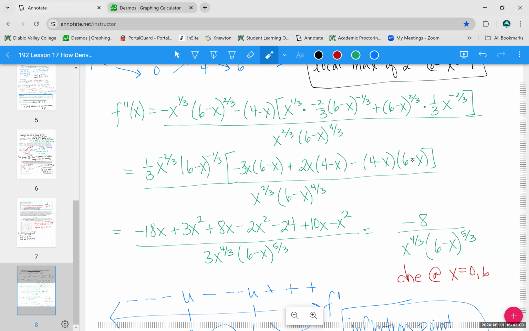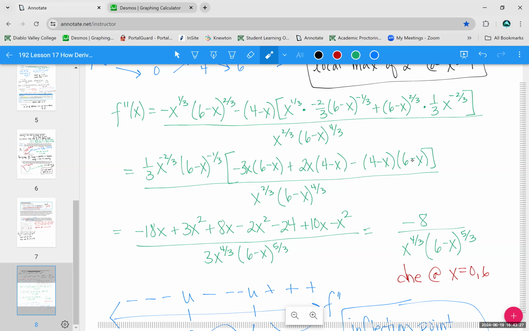Because now both of these just kick down to the denominator. So the 2/3 and the 2/3 will add, 1/3 and the 4/3 will add, the 3 just comes down. Multiplied everything out inside there, and everything cancels, right? Except down to a -8 after all of that.